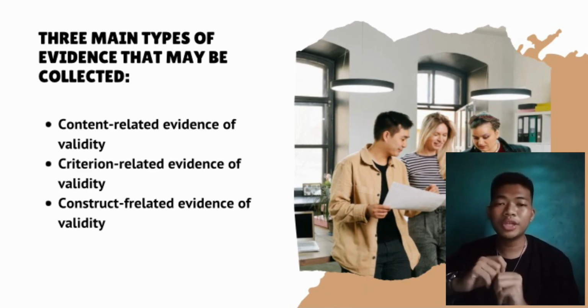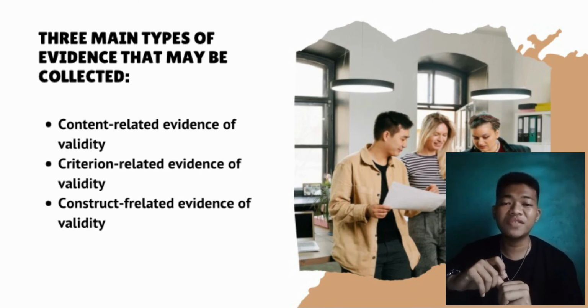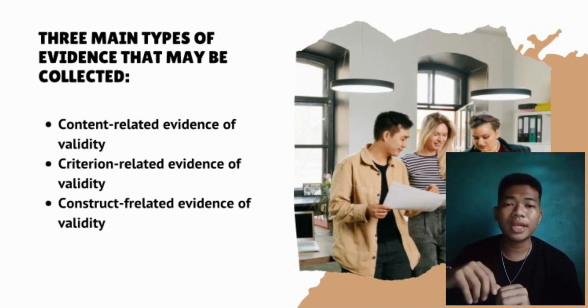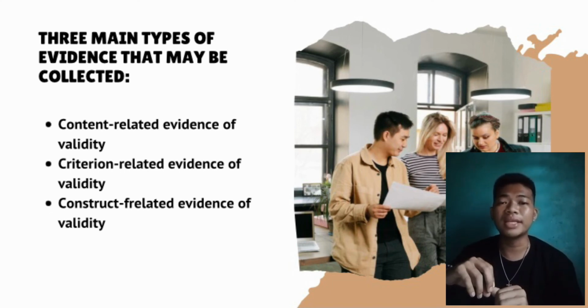So again, good day po. My name is Luis Vincent Angangan Bumbase, one of the reporters of this lesson. So we're now going to the three main types of evidence that may be collected. Number one, content-related evidence of validity.